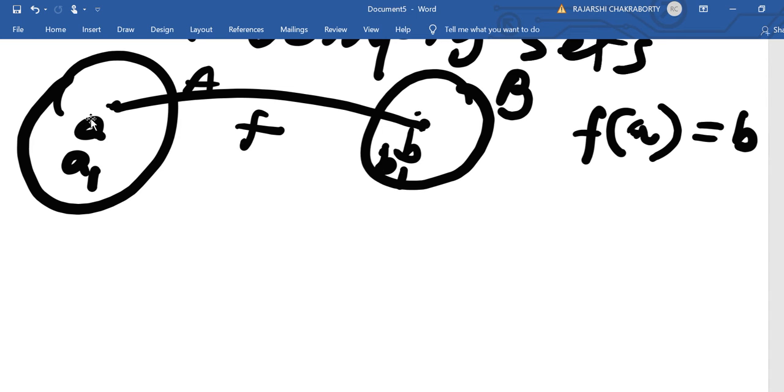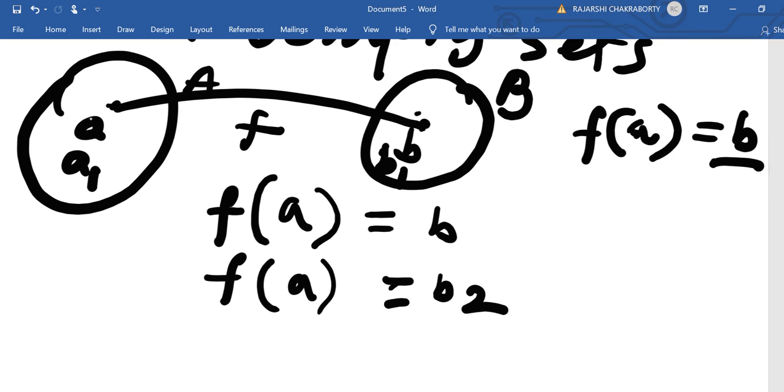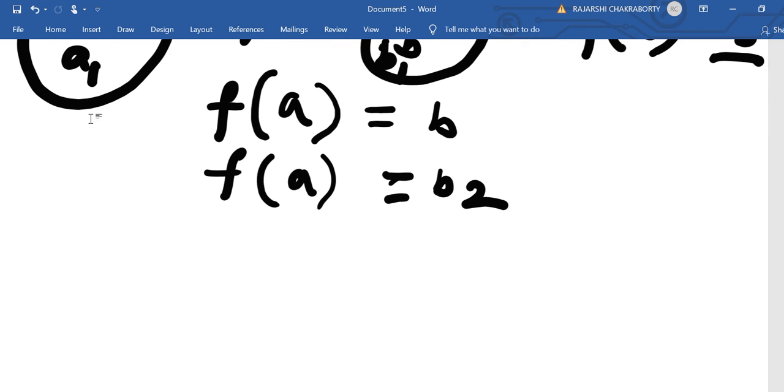Because it does not define whether b is unique or not. So what would happen if b is not unique? Suppose f(a) maps to b and f(a) also maps to, say, b2. Then the function, is it well defined?